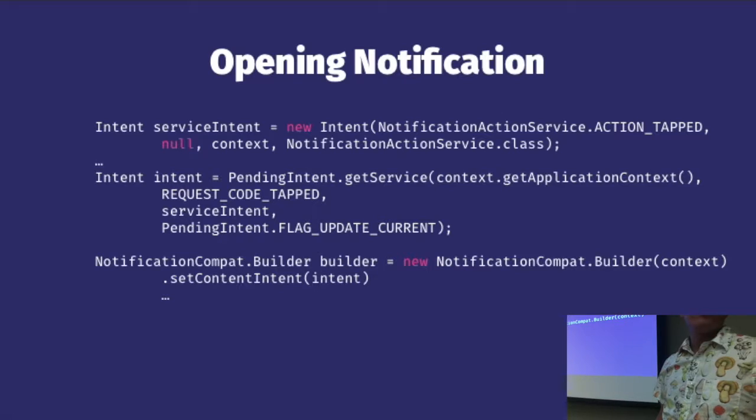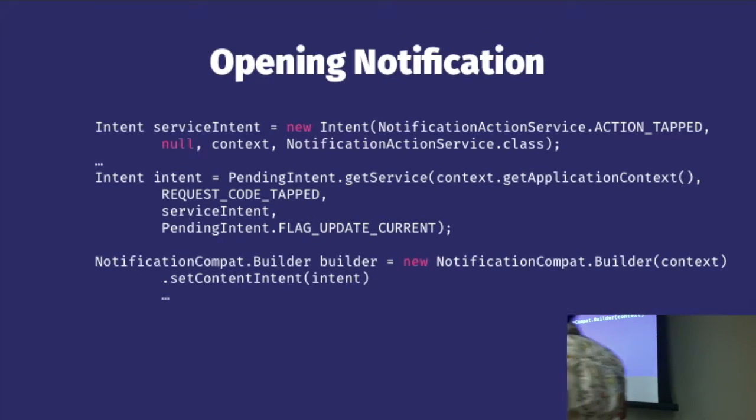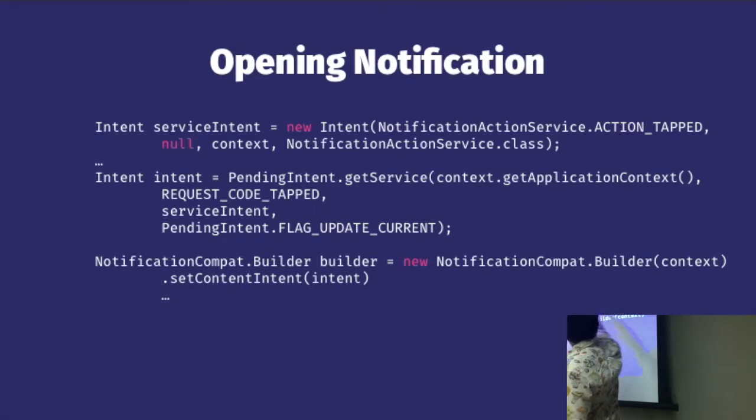As for the event when the user taps on a notification to open it, this is a lot of code, but it's mostly from any sort of tutorial about notifications. The key things to note here are that I'm using an intent service called notification action service with an action called tapped.